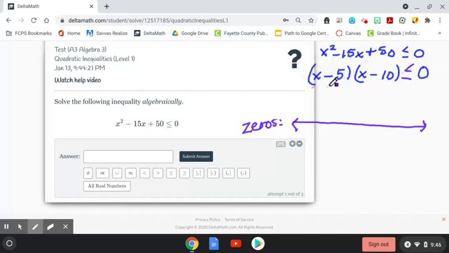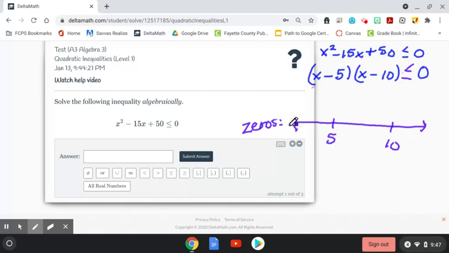They're the opposite of what's inside the parentheses. So there is a zero at the opposite of negative 5, which is positive 5, and the opposite of negative 10 is positive 10. You'll put the zeros on a number line, and then test numbers inside the intervals to see which numbers, when you substitute in for x, give an expression that's less than or equal to 0.